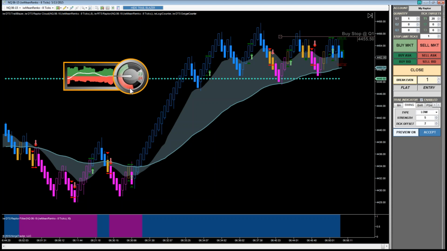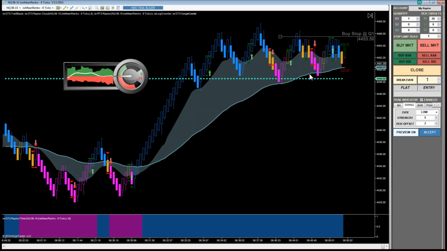This little tool that you see here, this is the Geiger counter. The Geiger counter gives you a visual representation of the time and sales. The histogram here gives you a history, so you can see whether the market is leaning to be more bullish or bearish. This is very useful when you're contemplating a signal.